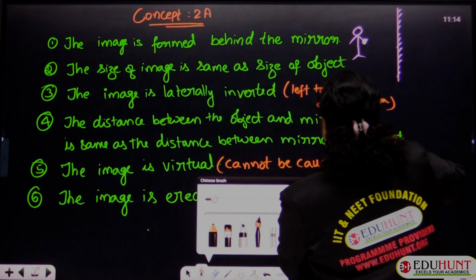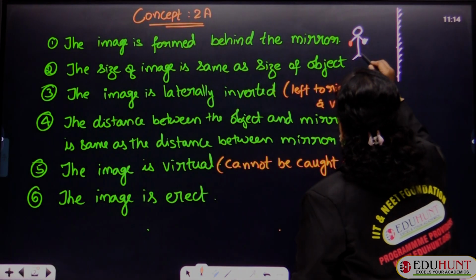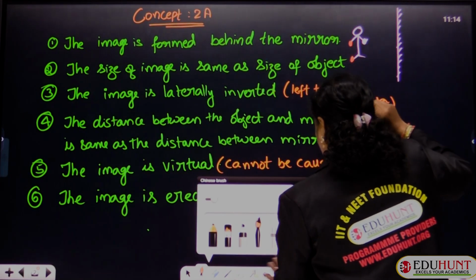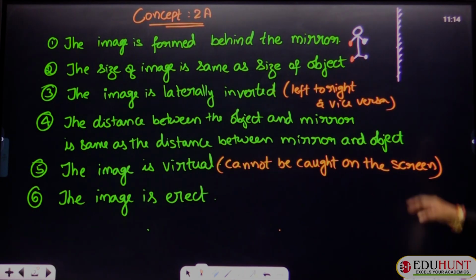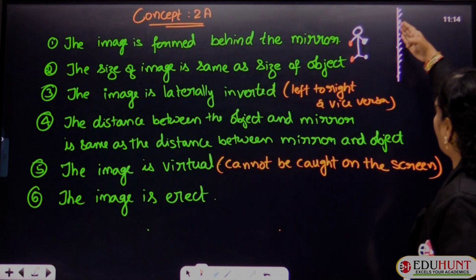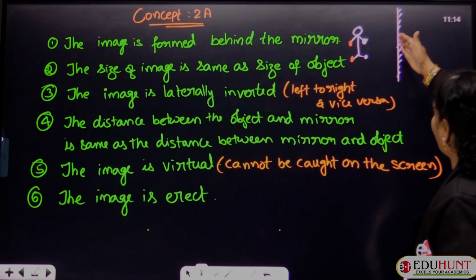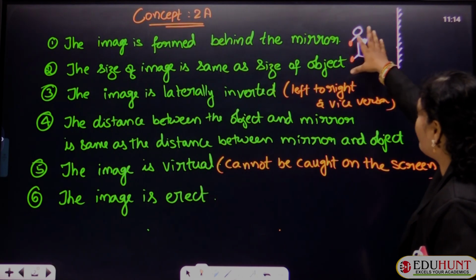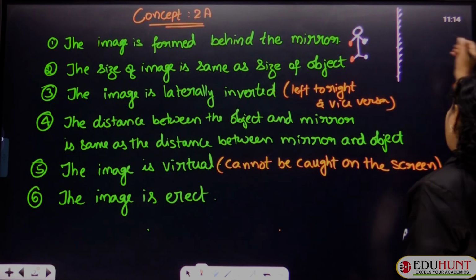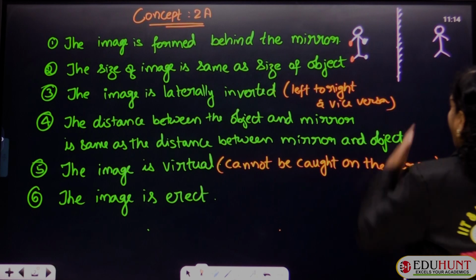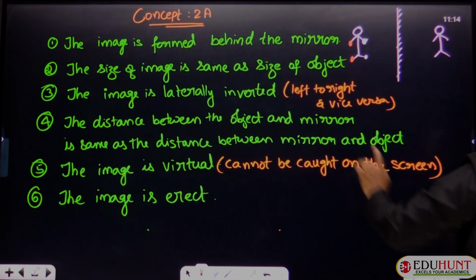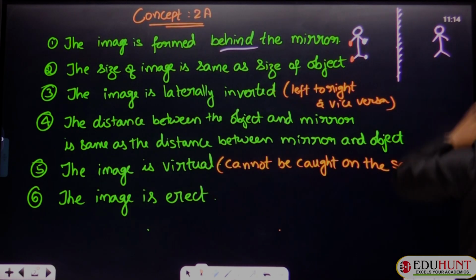For your clarity, something like this. If you observe this image, then the image is formed not in front of him. It is formed inside the mirror, behind the mirror. Behind the mirror means other side of the mirror.